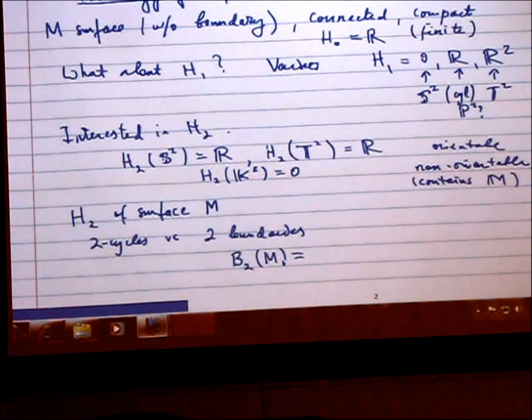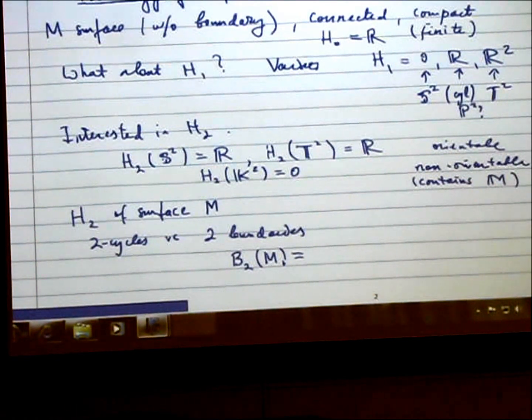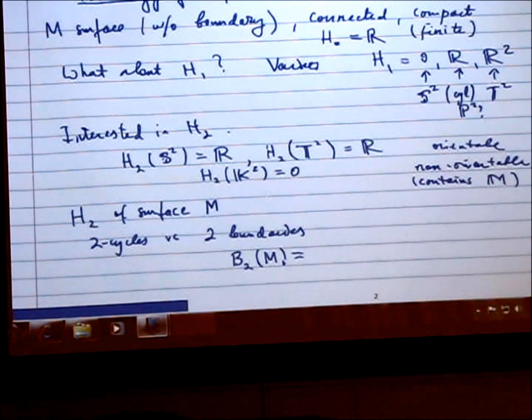Well, 2-dimensional complex, what about 2-dimensional boundaries? They're one chain? No, you're thinking of 1-boundaries. One-dimensional boundaries are boundaries of 2-chains. But we are talking about this.